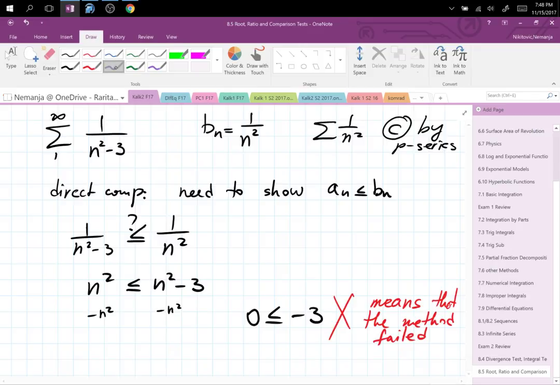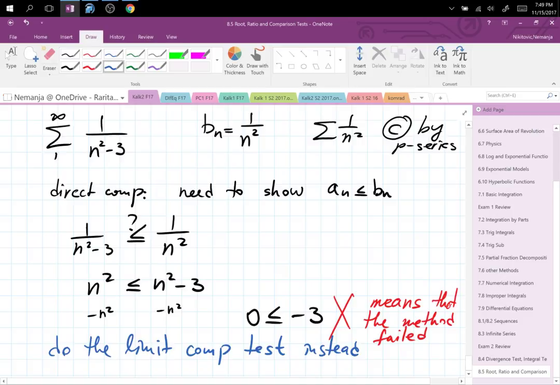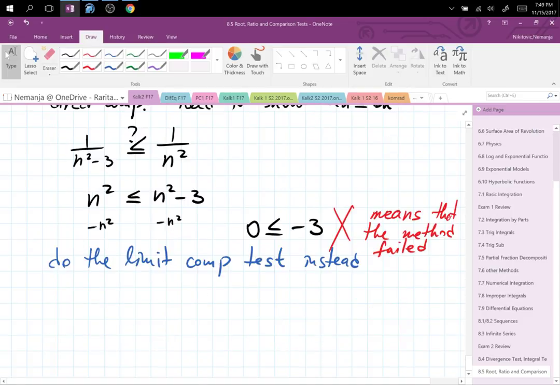What's the something else? Do the limit comp test instead. Right? So, what do we do? We say limit as n goes to infinity of an, which was 1 over n squared minus 3, divided by the limit of 1 over n squared.